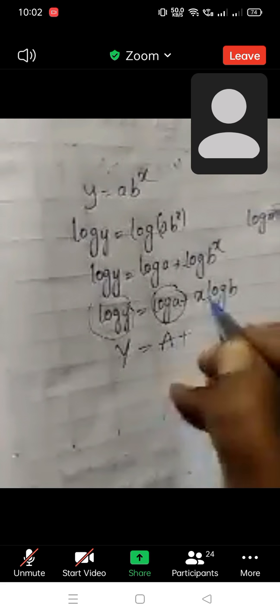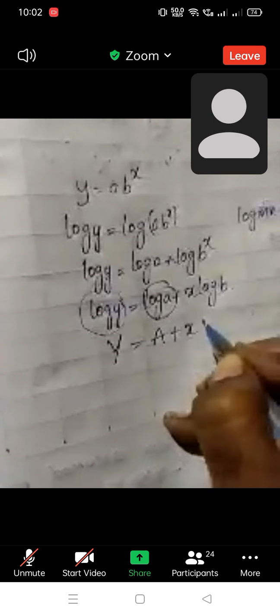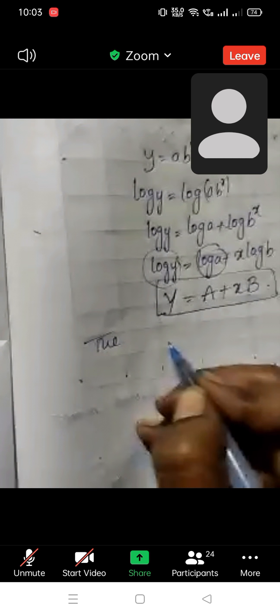So I'm taking this as capital Y and this as capital A plus x, this as capital B. Okay, so capital A equals log a and capital B equals log b and capital Y equals log y. It is now in the form of y is equal to a plus bx.